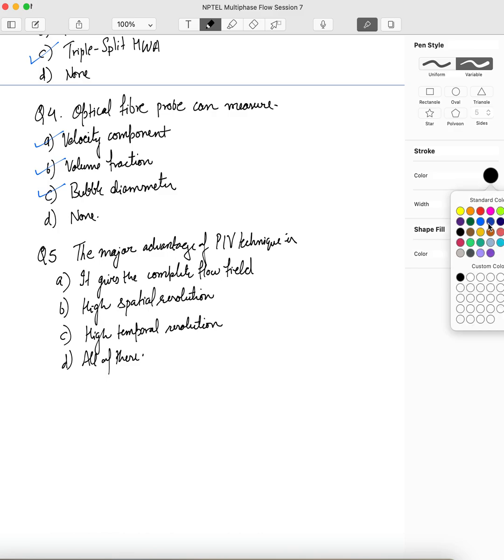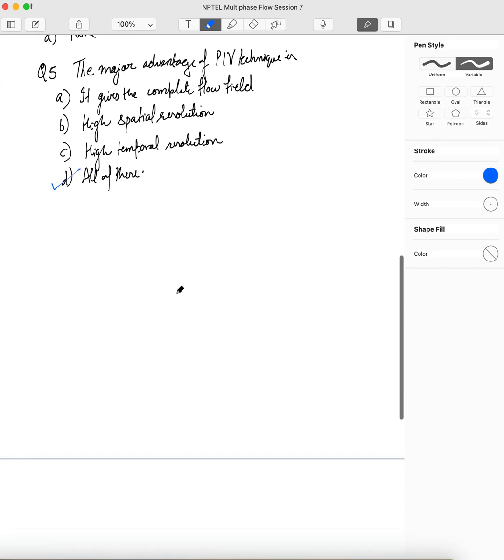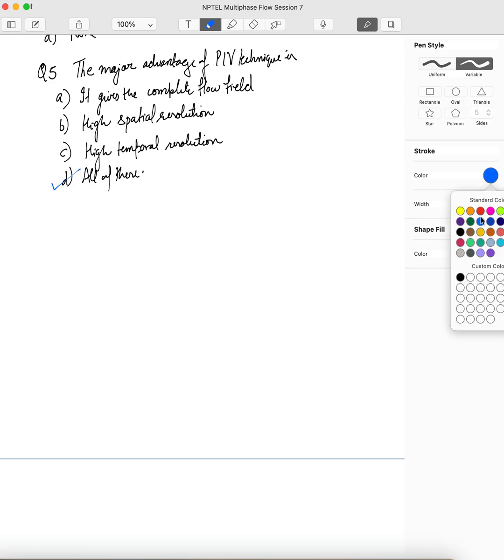And it has all of these benefits: it gives the complete flow field, high spatial resolution, and high temporal resolution. So the correct option is all of these. Okay, I don't think there is any doubt here. Straightforward questions.